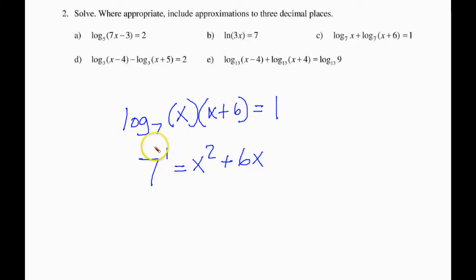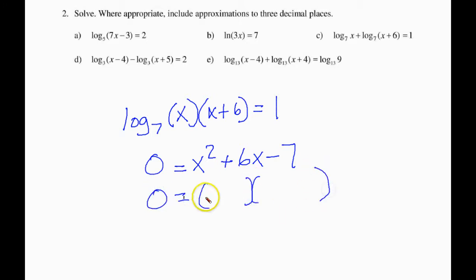So I'm going to take this now, bring it to this side as a negative 7, and convert this now to a quadratic equation. How do we solve quadratic equations? Well, we factor them. This is a plus, this is a minus.